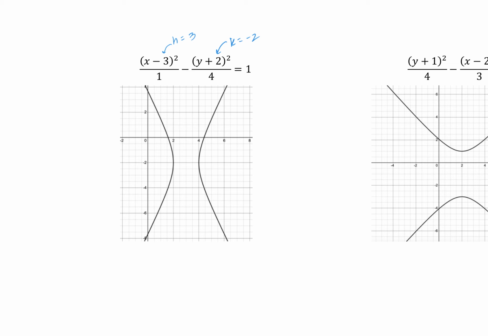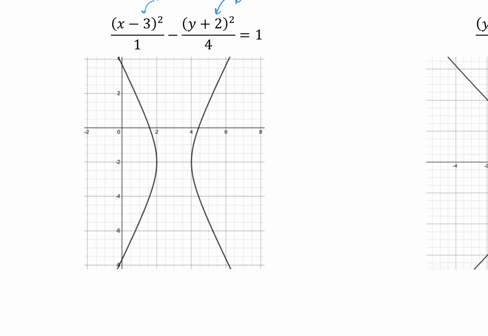So let's see what that looks like. 3, -2, there you go. So you notice that the center for a circle, an ellipse, and a hyperbola is not actually on the graph. The center in all three of them would be represented by a distance.